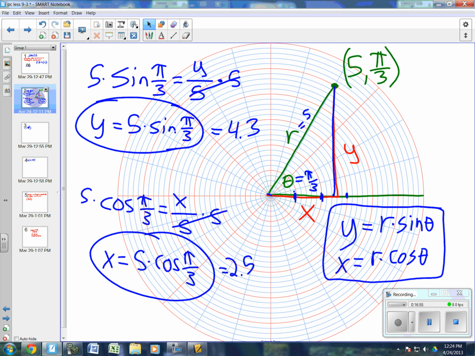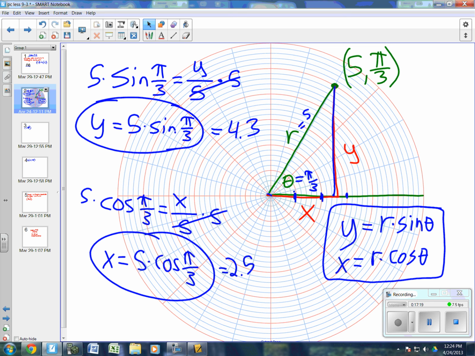I remember math a lot better myself when I know how it's derived, because if there's some things I don't remember about it, I just go back to thinking about this picture right here and I can remember it. I didn't actually have this formula memorized before I taught it to you. I just knew that if I had theta and r right here and I had x and y, I could come up with the formula myself, okay?